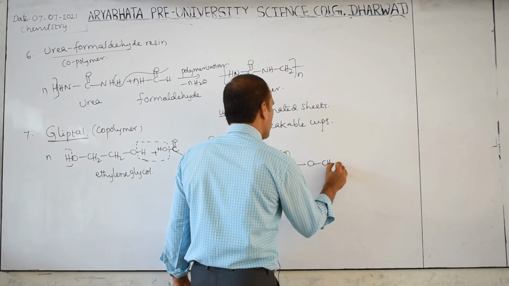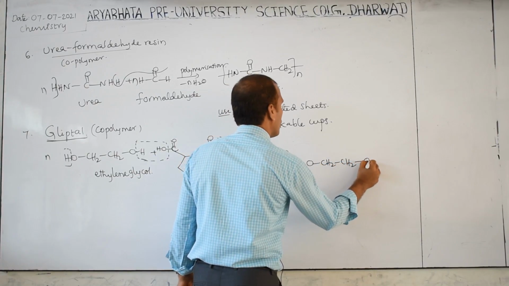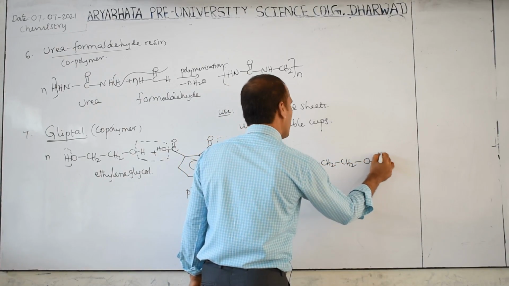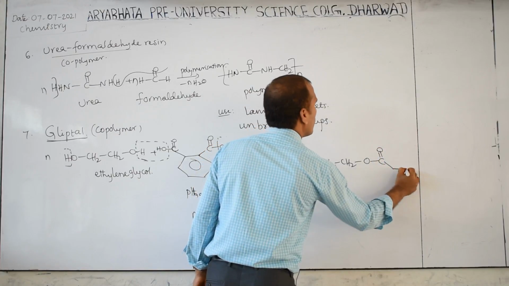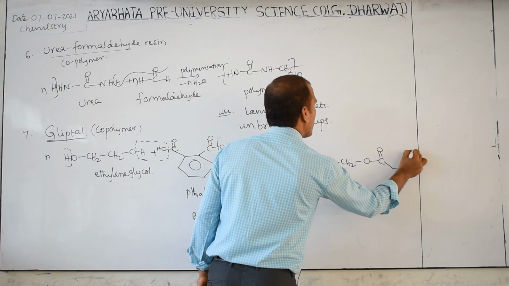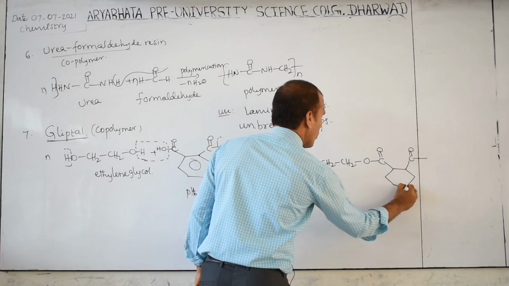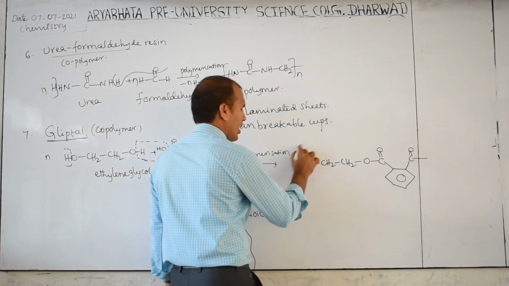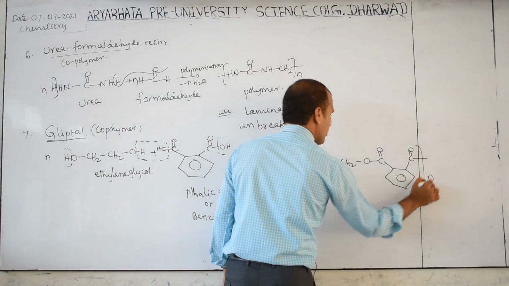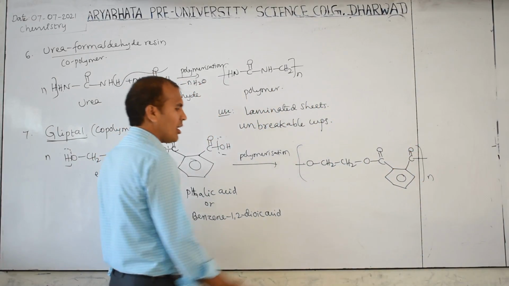So whatever is left now, that is the polymer: O, CH2, CH2, O, C double bond O, C double bond O, like this, taken n. This is glyptol.